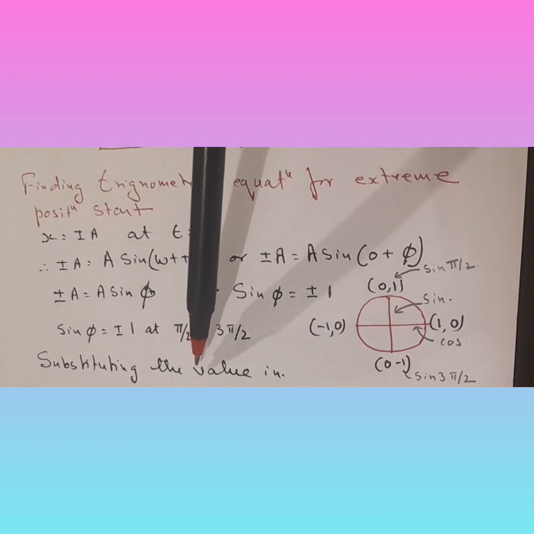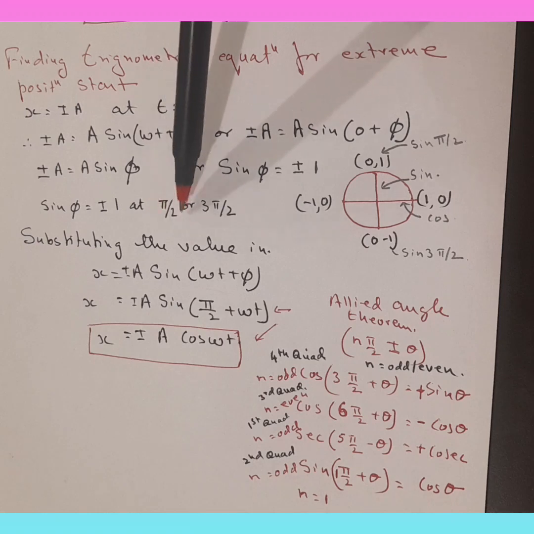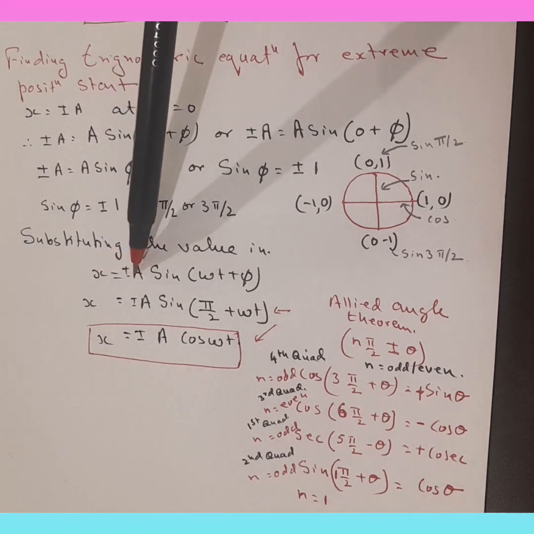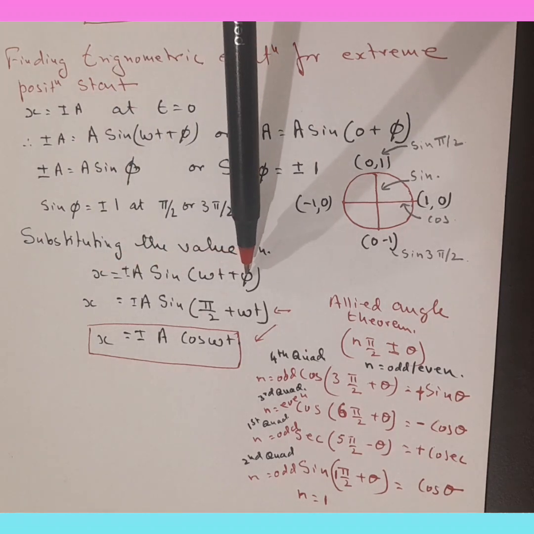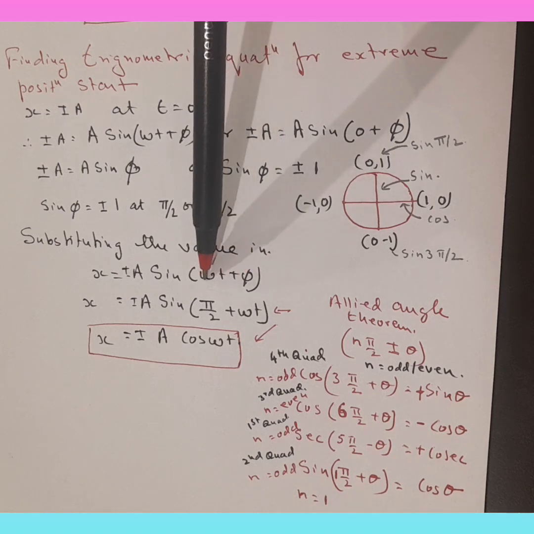Now, substituting the value in our equation, we substitute the closest value, that is pi by 2. So x is equal to plus or minus a sine(omega t plus phi). We substitute pi by 2 for phi, and I have taken pi by 2 on this side.